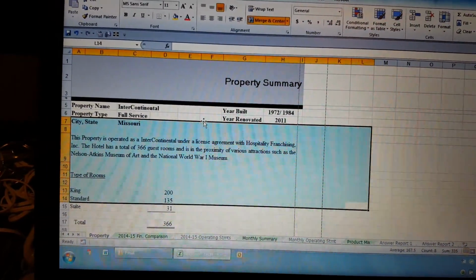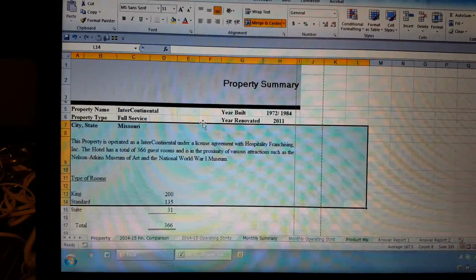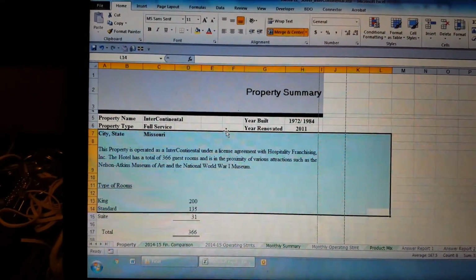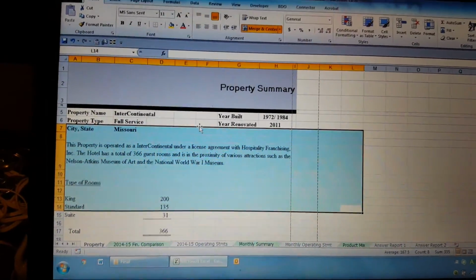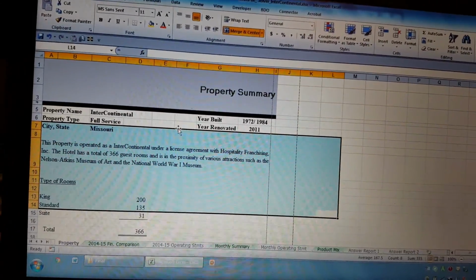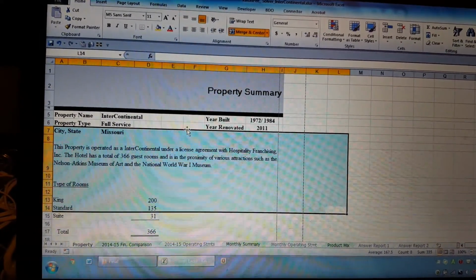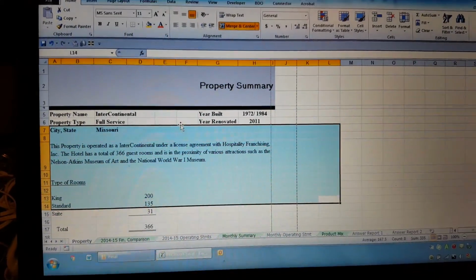First off, I would like to tell you all a little about Intercontinental Hotel. Intercontinental Hotels and Resorts is a global luxury hotel and resort brand with more than 180 hotels located across the globe.